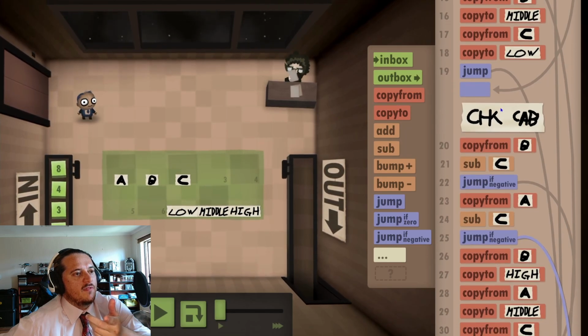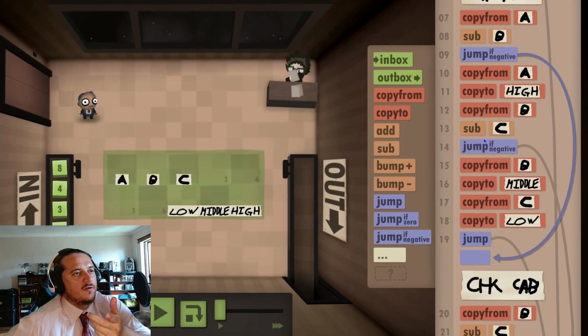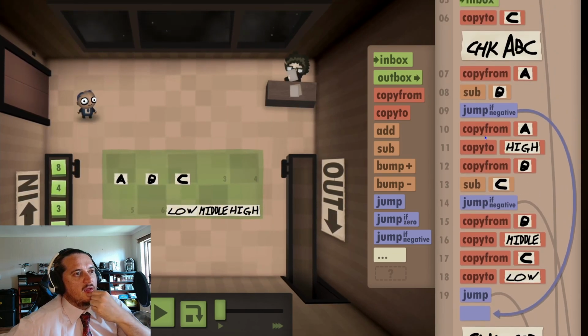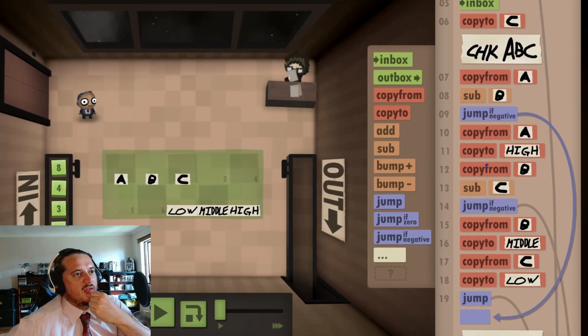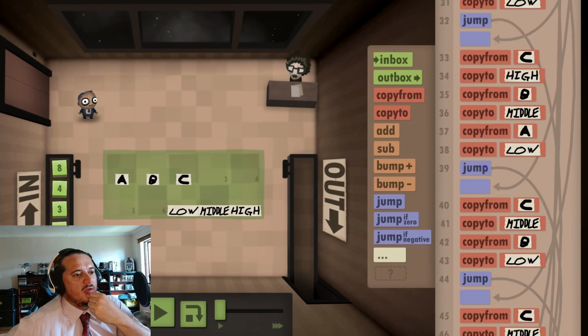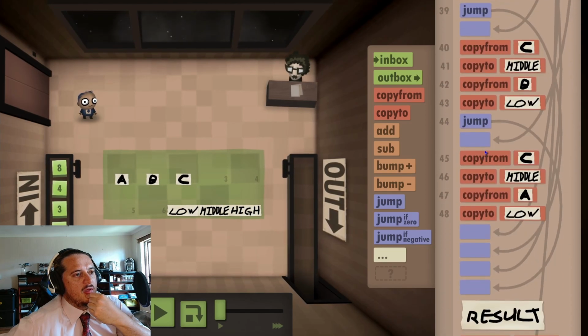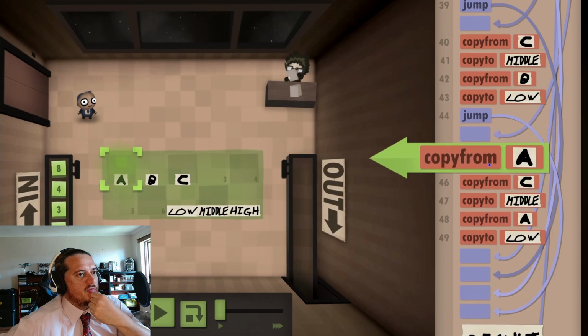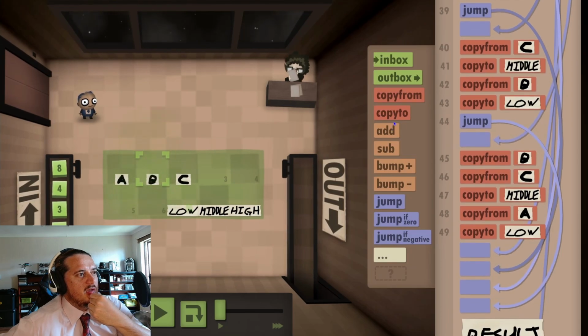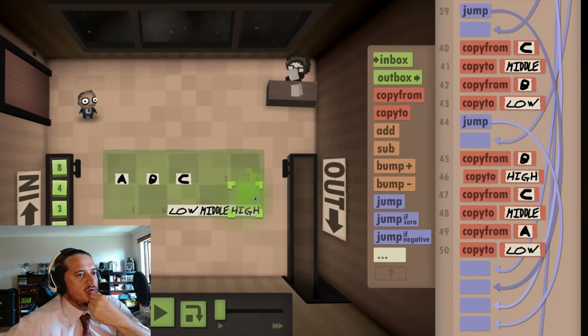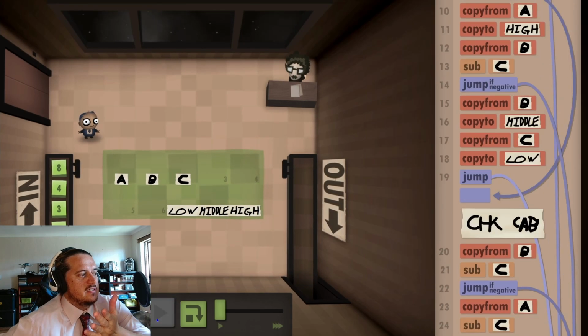So I'm going from there to here, and I'm not putting anything in there. Do I need to do a copy from B, copy to I? Does that fix it? I don't know, let's see.